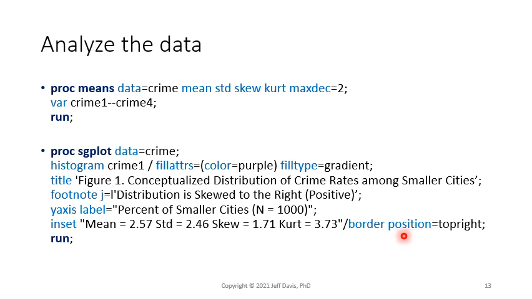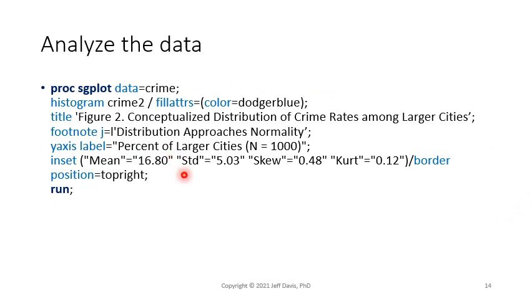You have several different options for positioning. Make sure you take a look at those and then make sure you put that inset where you want it to be, so it's easy to read.